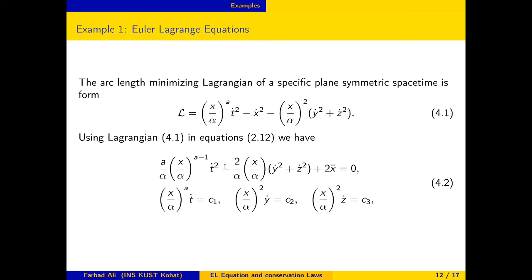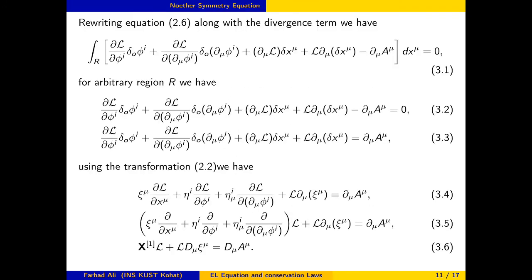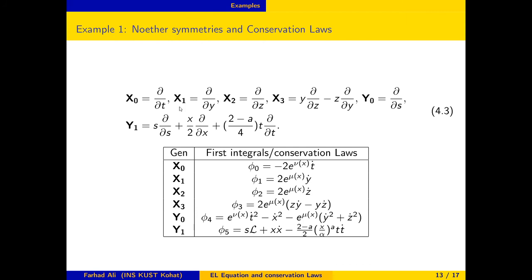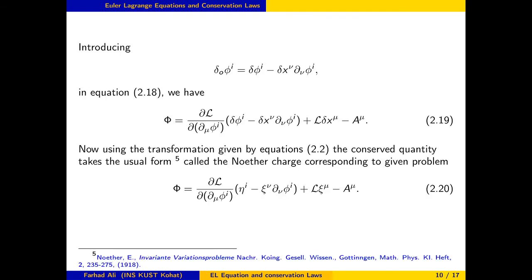Similarly, for the other ones you can use that equation, and students should calculate these four Euler Lagrange equations. What are the Noether symmetries? These Noether symmetries in fact come from the Noether equation, this 3.6 equation. No need to calculate these symmetries, but taking these symmetries, calculate these conservation laws using equation 2.20.